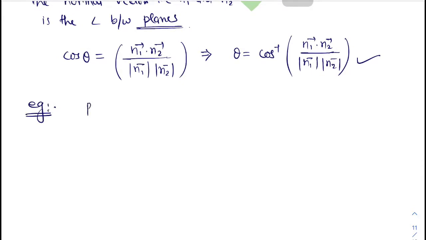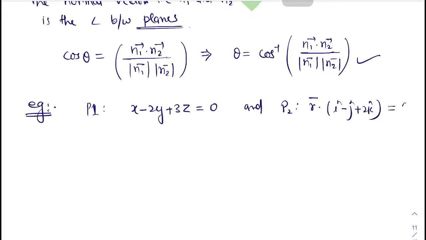So let me write plane 1 to be x minus 2y plus 3z is equal to 0, and plane 2, let us consider, to be r dot (i cap minus j cap plus 2k cap) is equal to say 6. Okay, so we have to find the angle between these two planes p1 and p2. So we will see what the normal vectors of these two planes are.